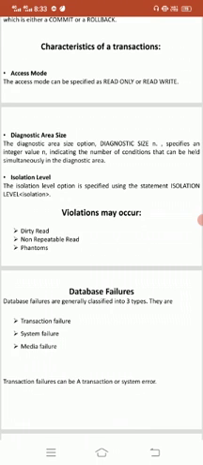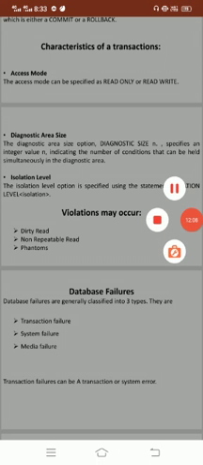A transaction T1 may read a given value from a table. If another transaction T2 later updates that value and T1 reads that value again, T1 will see a different value. That is called non-repeatable read.